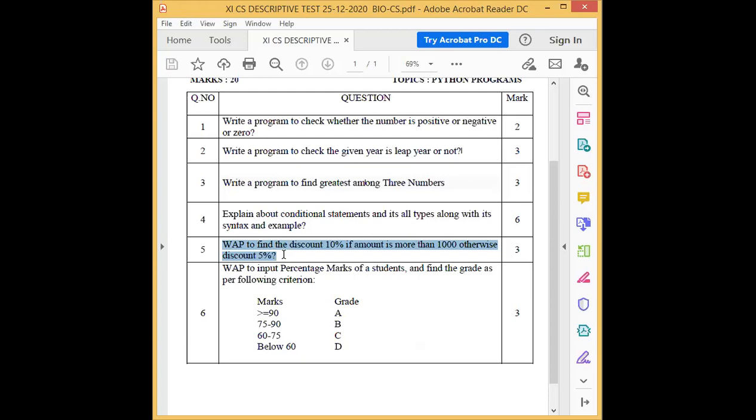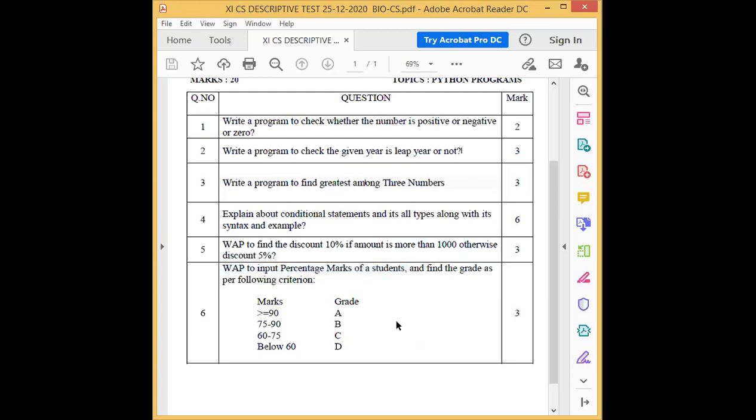How many choices are necessary? Which one? Nested if. Indu, come again. Yes, sir, if else. Nested if is not needed. If else is enough for this program.